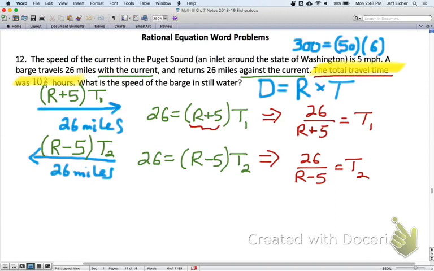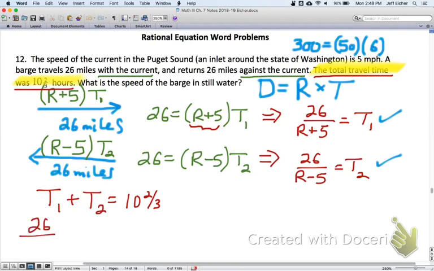If the total travel time was 10 2/3 hours, that means if you take the first travel time plus the second travel time, that would equal 10 2/3 hours. And we have these expressions that we just wrote right here to say, well, T1 is 26 over R plus 5, and then T2 is 26 over R minus 5, and that equals 10 2/3.